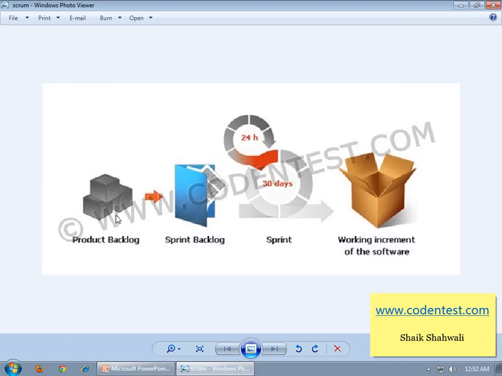In the product backlog we have 50 screens. Out of those 50 screens, we pick 5 screens, or any number of screens, depending on the priority, and develop them during the sprint. Those 5 screens we selected are called the sprint backlog.